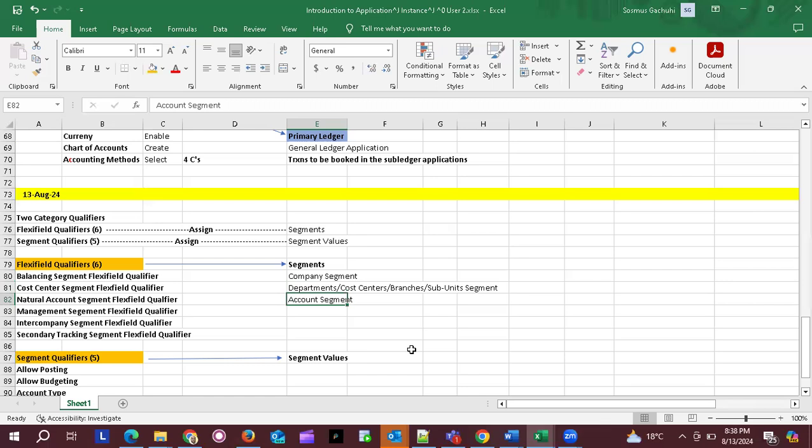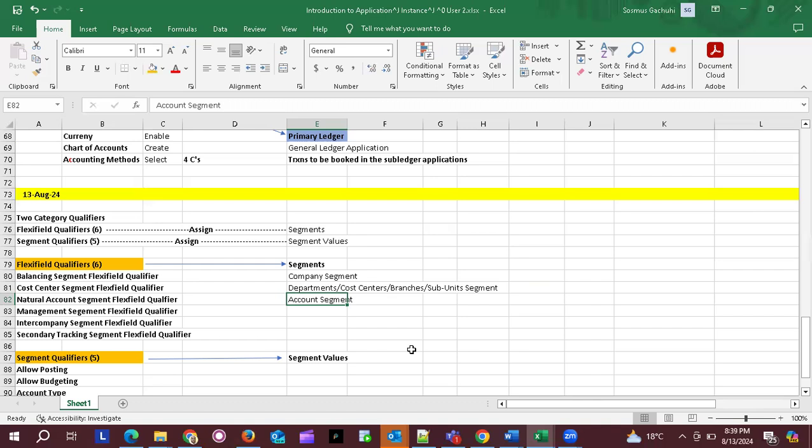Let me ask a question. As a company, normally, by default, the company becomes a balancing segment when you assign the balancing Flexfield qualifier.